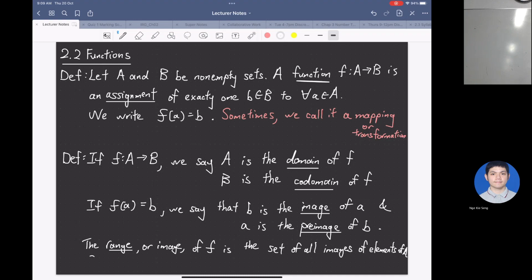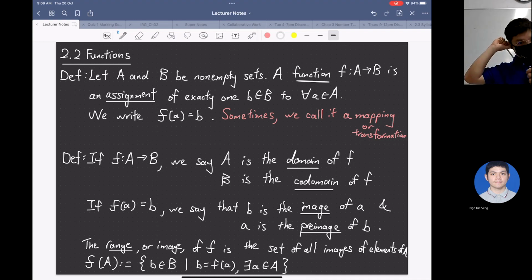In the set builder notation, we can write f(A), the range, equal to the set of b in B such that b equals f(a) for some a in A.